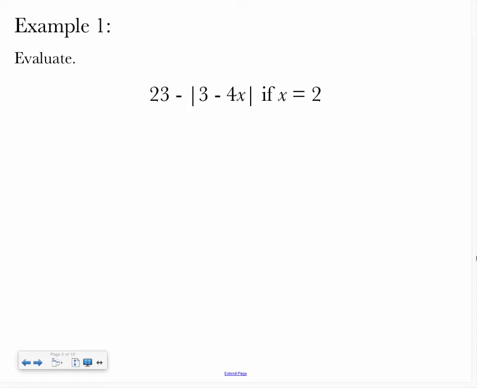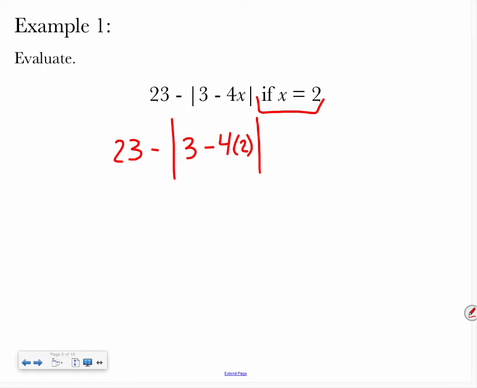Alright, so let's start by evaluating this expression. We want to know 23 minus the absolute value of 3 minus 4x if x equals 2. Okay, so let's start by plugging in this information. We have 23 minus the absolute value of 3 minus 4 times 2.